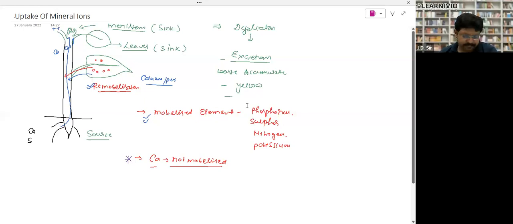So you can make this diagram. Then I will dictate for you, and the heading will be uptake of mineral.